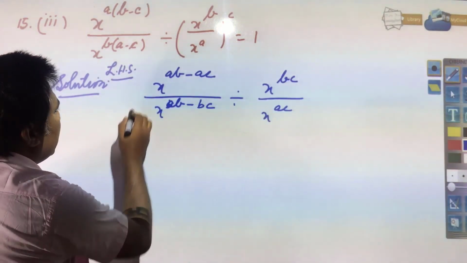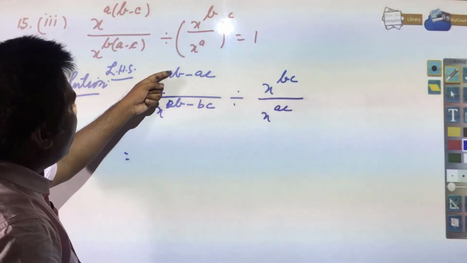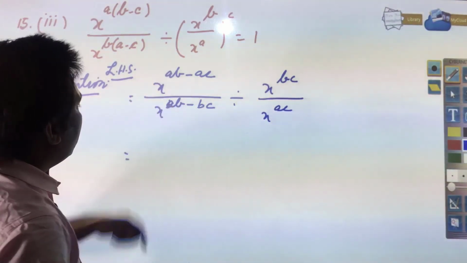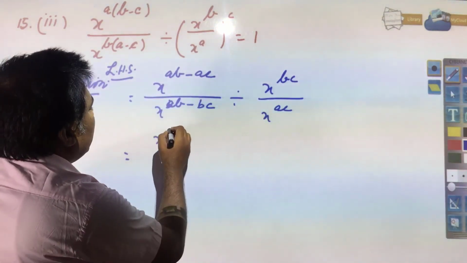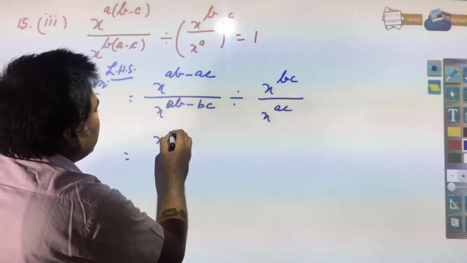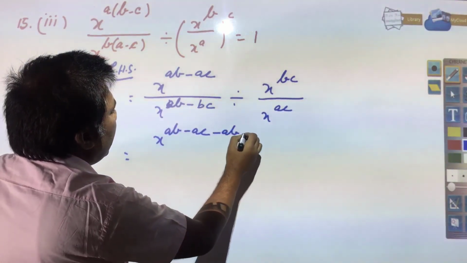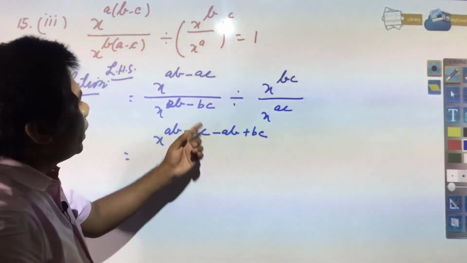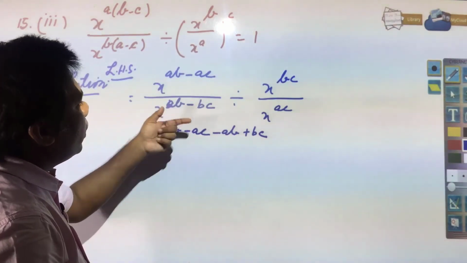Then here you see a to the power m divided by a to the power n can be written as a to the power m minus n, means ab minus ac minus ab and plus bc, because minus we have taken. A to the power m minus n you will have.